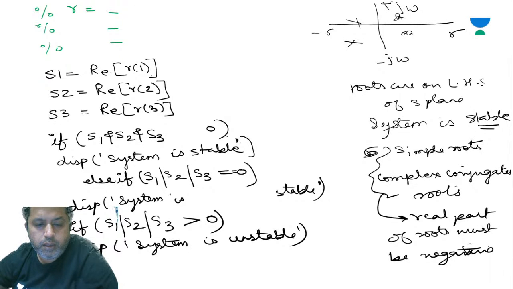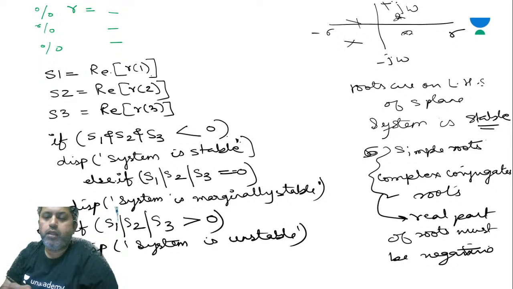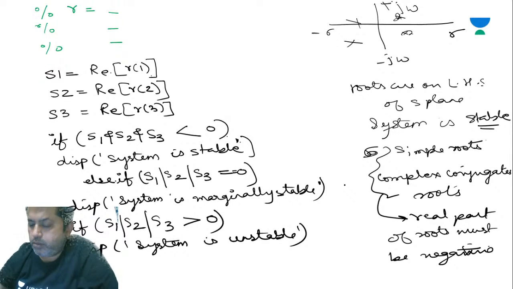S1 less than 0, marginally stable. Okay, system is unstable.